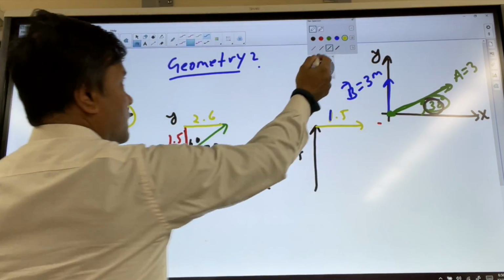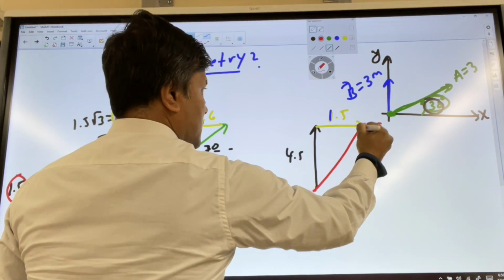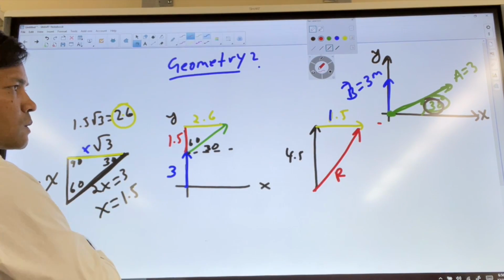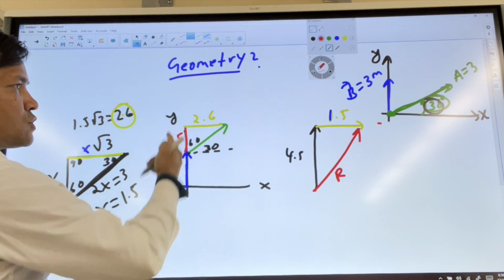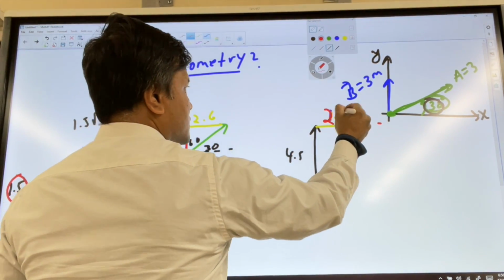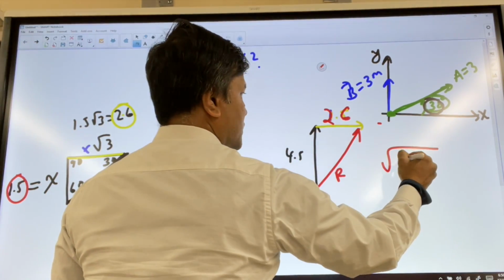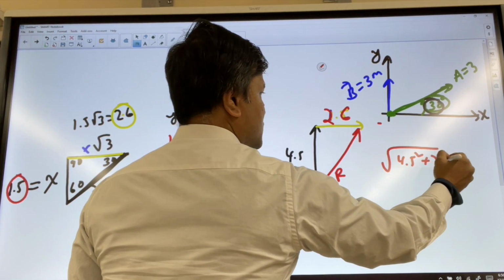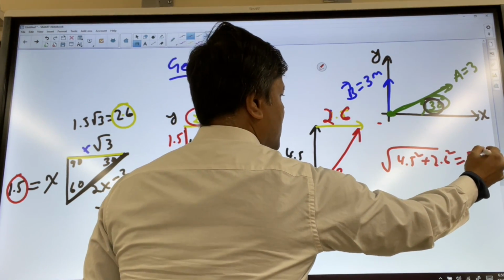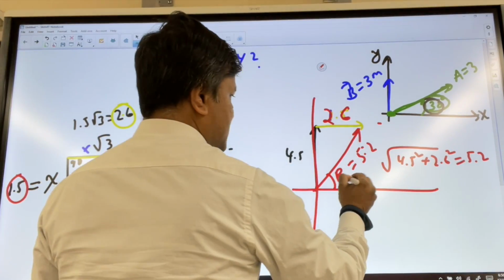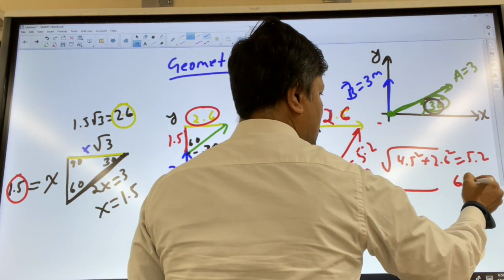Now this is the resultant. So 4.5, 1.5. Sorry, 2.6. So that's supposed to give us 4.5 squared plus 2.6 squared is 5.2. So this is 5.2, 60 degree.